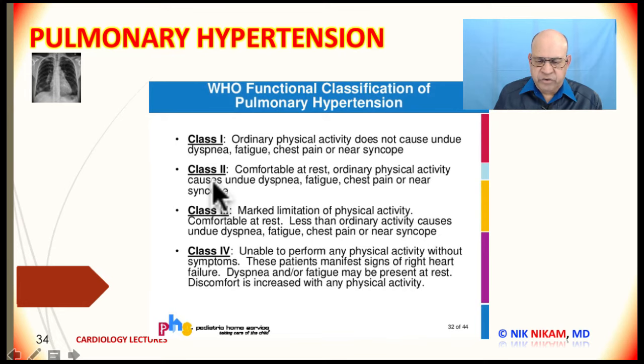Class 2 involves patients who are comfortable at rest but are symptomatic with ordinary physical activity. And class 3 includes patients who are markedly limited in physical activity and who have symptoms with minimal physical activities.